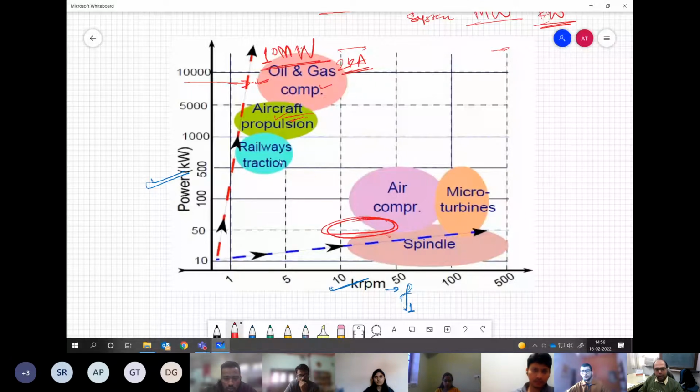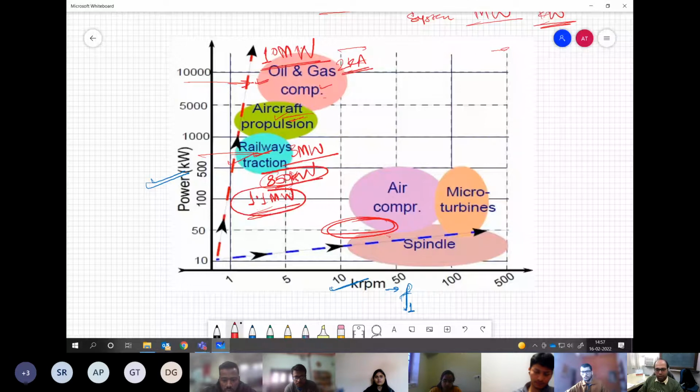And then we have railway traction. Here the typical power rating is something like 3 megawatt for the total system and 850 kilowatt for the motor, or sometimes 1.1 megawatt motors are installed on the trains. All these electric locos that you see running goods and passenger trains have these kinds of induction motors, called traction motors, of 850 kilowatt or 1.1 megawatt rating.